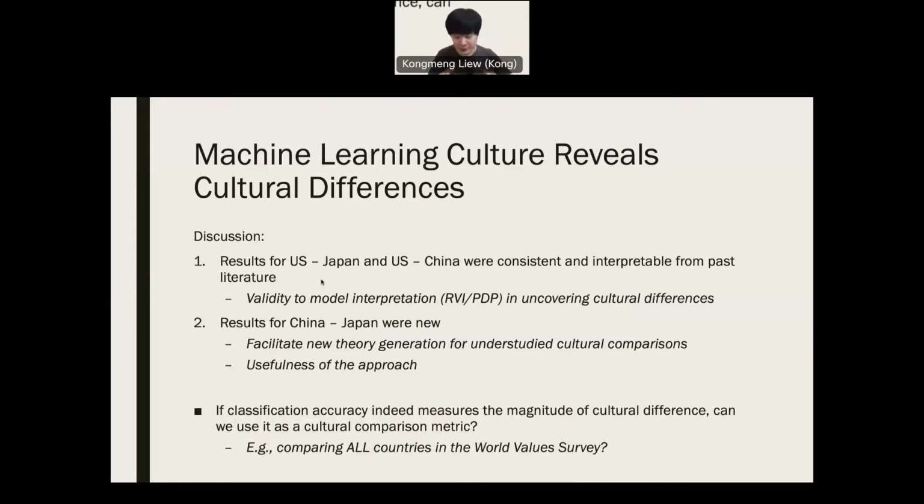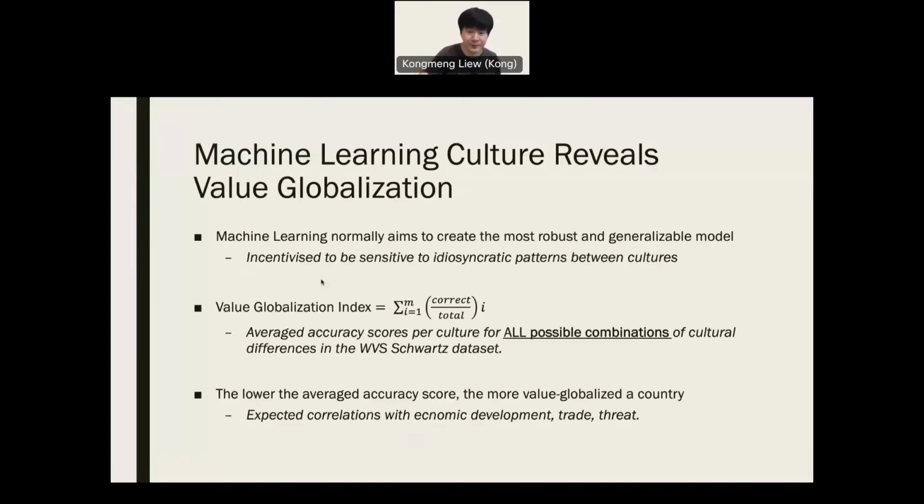Okay, so now we know that if you compare two countries on a data set, you get an overall approximation of how far apart they are from each other. Now, what happens if you compare all the countries in the World Values Survey, all 60 of them? We have this huge matrix, and then we can average it by country.